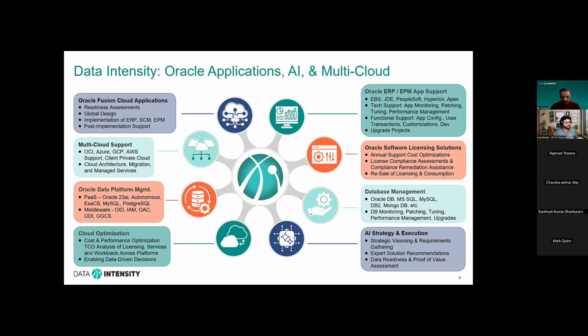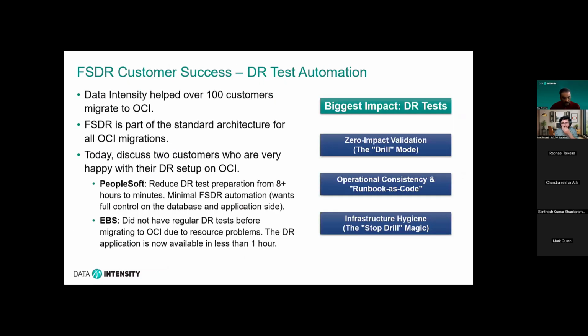We focus heavily on the application layer, whether it is ERP, supply chain, HR, EPM, we provide 24/7 functional and technical support. We have been doing a lot of cloud migrations in the last 2 years. In the last 18 months, or 2 years, we migrated over 100 customers over to OCI.